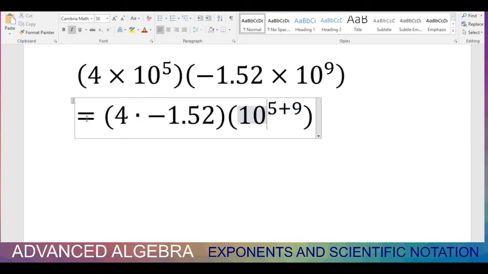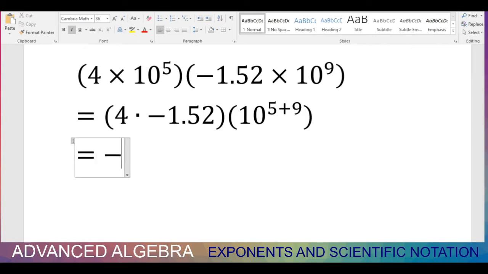So, equals 4 times negative 1.52, so negative 6.08.